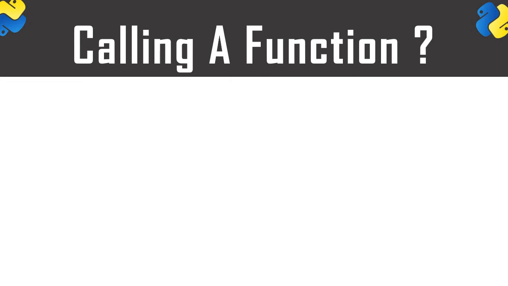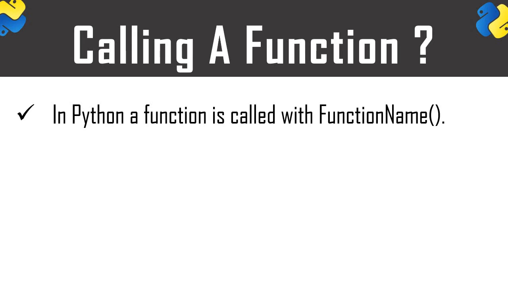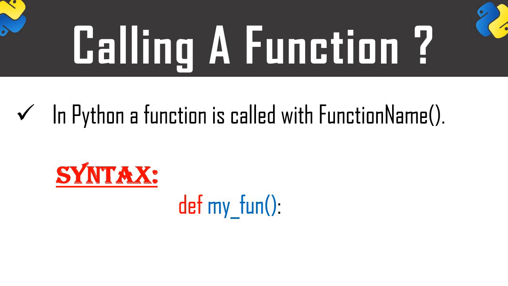Let's see how to call a function. In Python, a function is called with its function name. It is pretty simple, right? If you want to call a function, just write the function name and round brackets. Let's see the syntax. Suppose this is my function that is created above in my program using the def keyword, and the name of my function is my_fun and there is some function body in that.